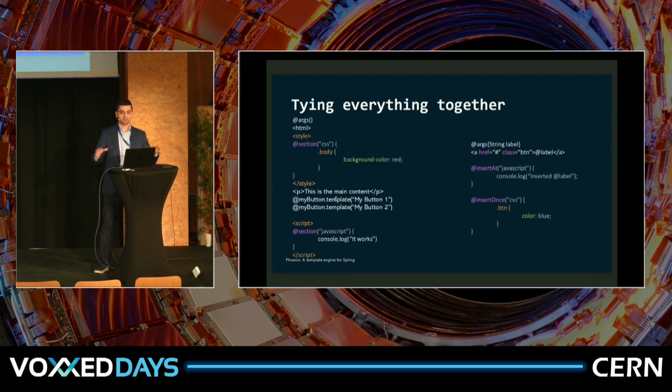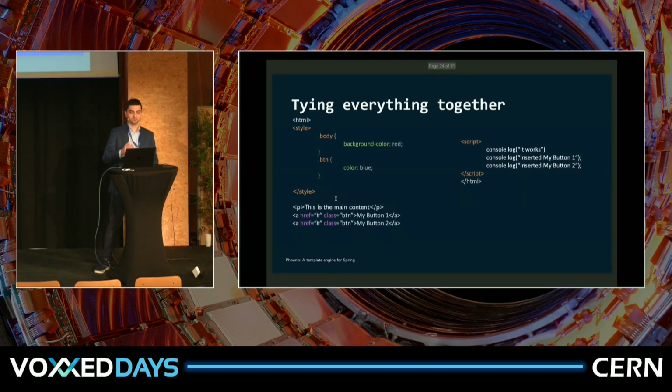And once the template gets compiled and gets executed, I have back a HTML page where the CSS for the button was added once, even though I have the button twice, and the JavaScript was added 2 times because that was how it was defined, and both of them were in the right sections. This way, the web page is more robust.